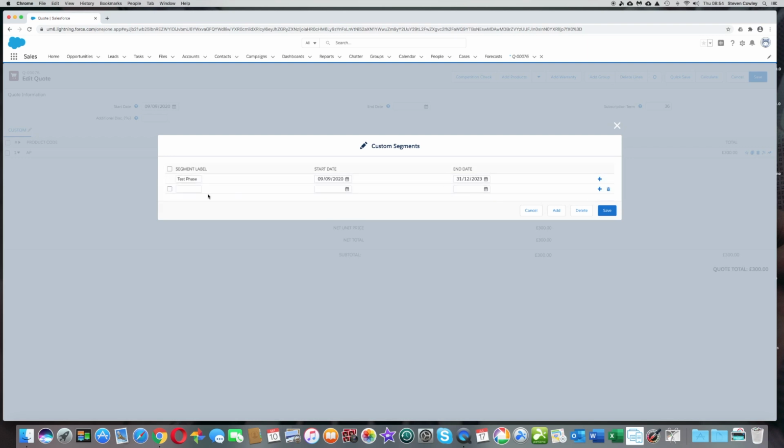So I've done that from September to December, and then we could have the production phase of the rollout, which might run for the next year.